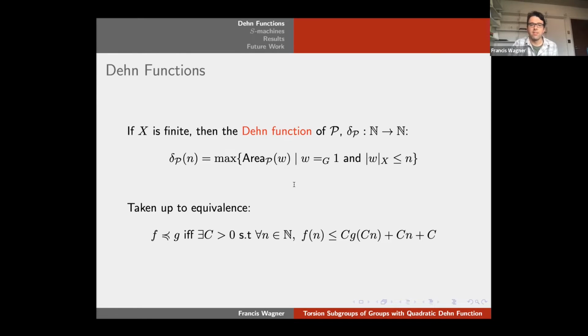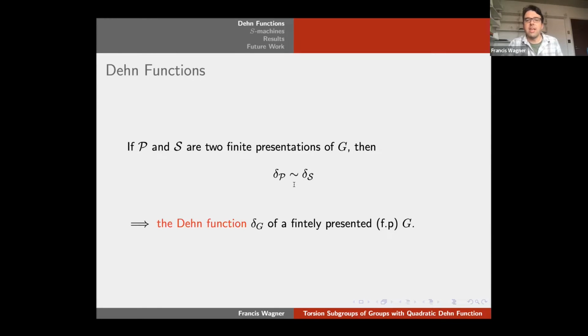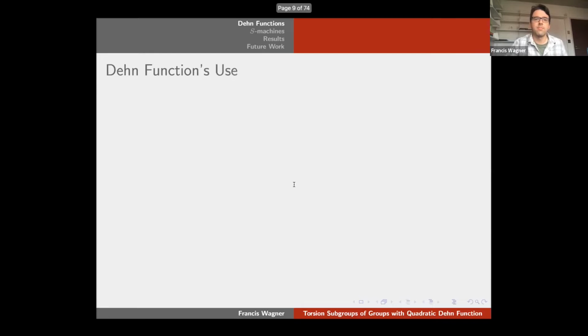Now, the reason that this is a natural equivalence to take is that given two finite presentations of the same group, their Dehn functions are actually equivalent to each other, right? Which allows one to speak of the Dehn function of a finitely presented group, which is going to be invariant up to the choice of finite presentation.